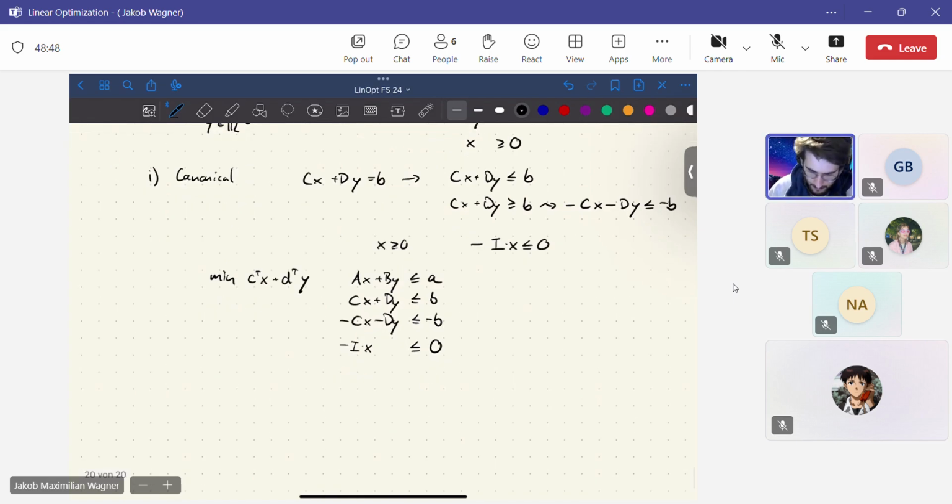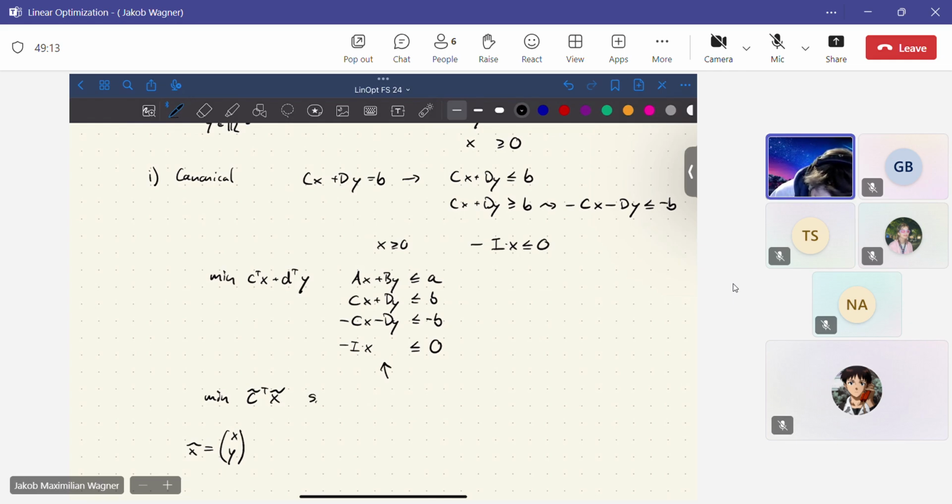And so we can obviously write all of those constraints into one big matrix, and then we get minimization of c tilde times x tilde, where x tilde is just the vector where we collect x and y together.